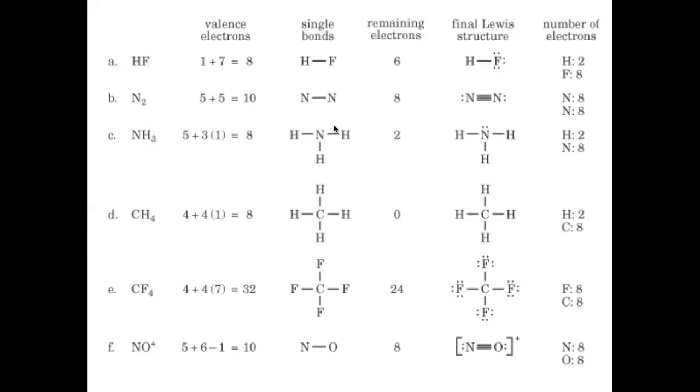So hydrogen has 1 valence shell electron and fluorine has 7. So let's add up the number of valence shell electrons. That will be 8. And then we are going to distribute those electrons between the two atoms. So we'll have F as our central atom, and then we'll add 1, 2, 3, 4, 5, 6, 7, 8 around it. And that hydrogen is going to be sharing the two electrons with the fluorine.